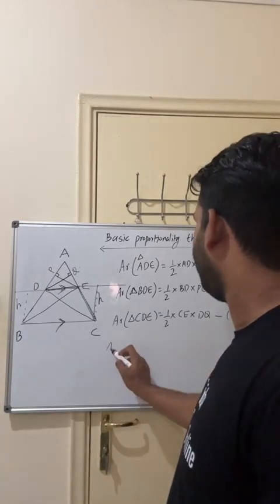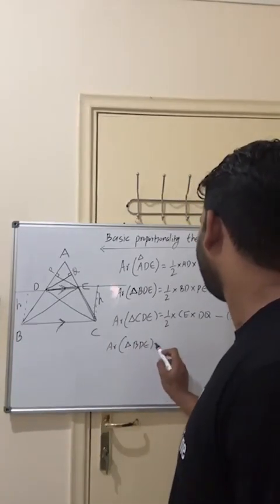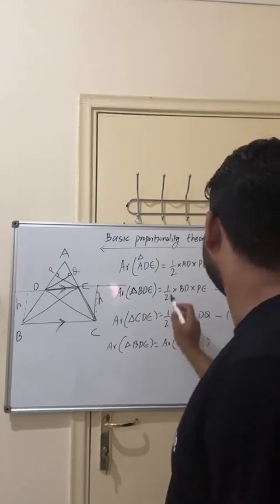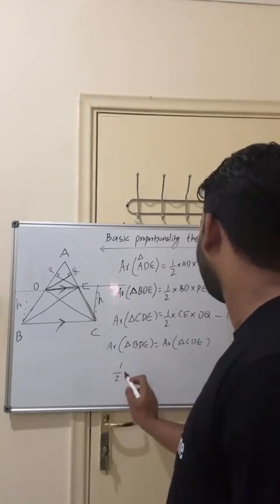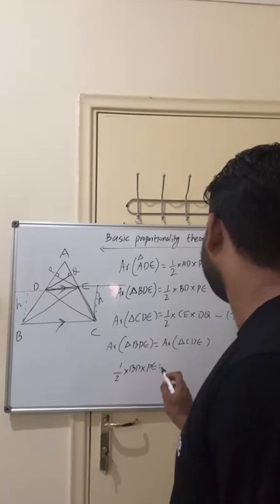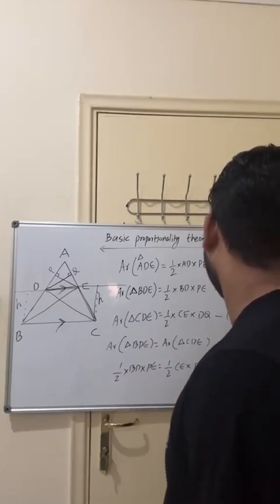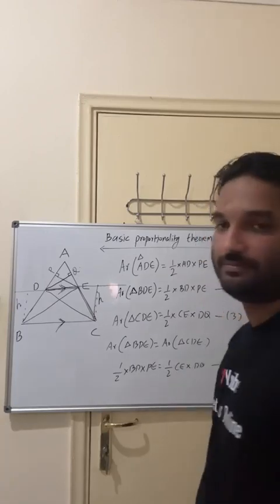Area of triangle BDE equal to what? Area of triangle CDE. So you can equate their RHS, okay? Half into BD into P is equal to half into CE into DQ, okay? So this you can equate and get the fourth equation, understand?